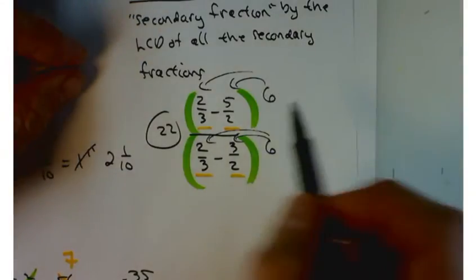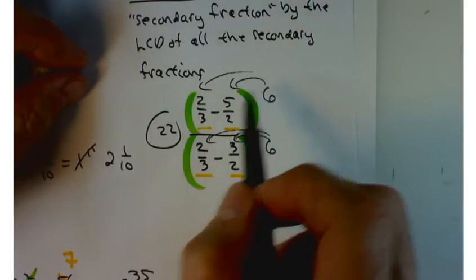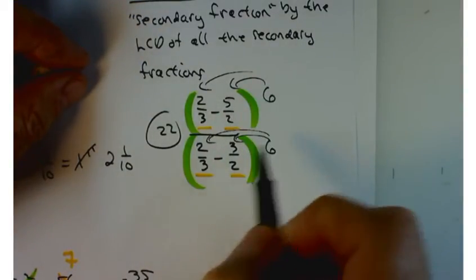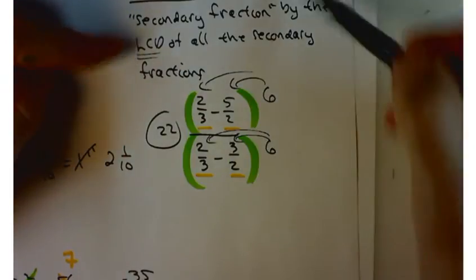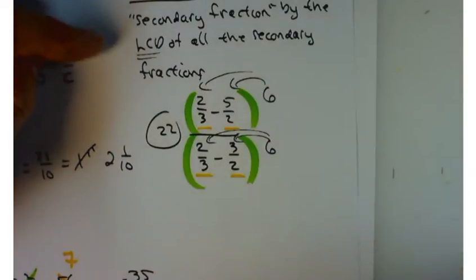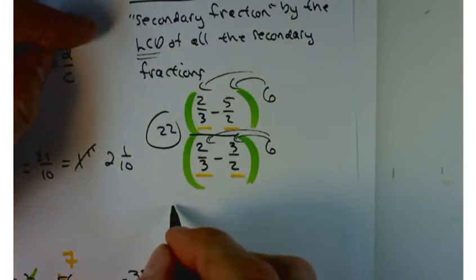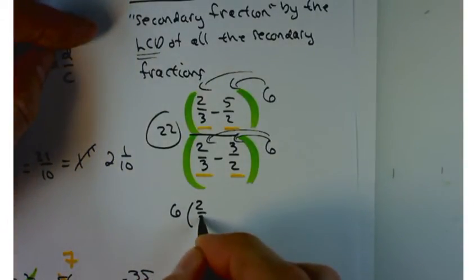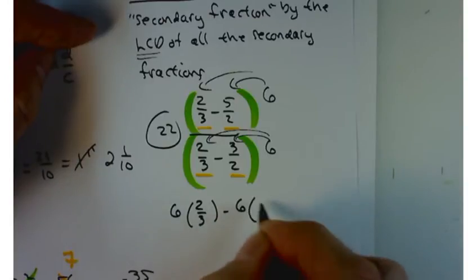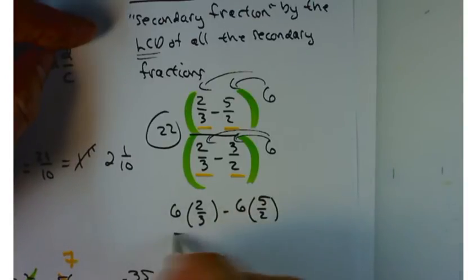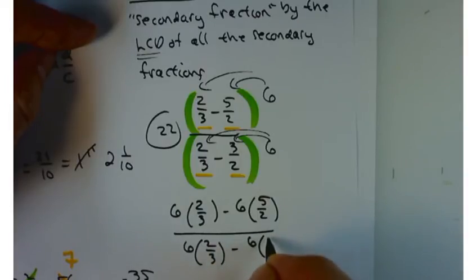Effectively, I'm going to get 6 times this, 6 times this, 6 times this, and 6 times this. We're going to multiply the LCD times each of these secondary fractions. 6 times 2/3 minus 6 times 5/2 over 6 times 2/3 again minus 6 times 3/2.